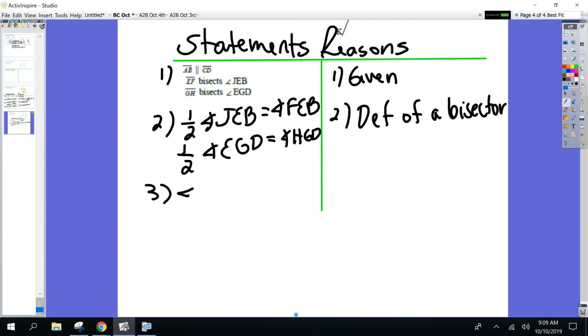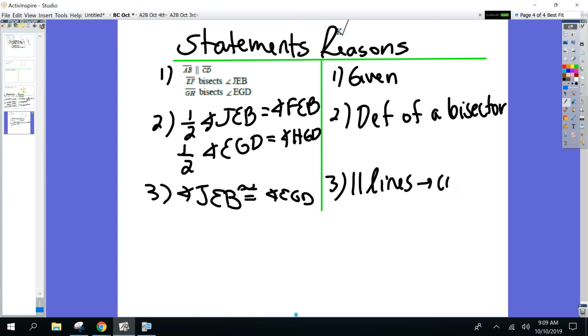We are going to say what we're taking half of, angle JEB and angle EGD are congruent, before I say halves of equal quantities. All right, what's a good reason here now? Parallel lines imply corresponding angles are congruent. This is tough now. You got to remember a lot of stuff here. Now, also, could I have flip-flopped 2 and 3?